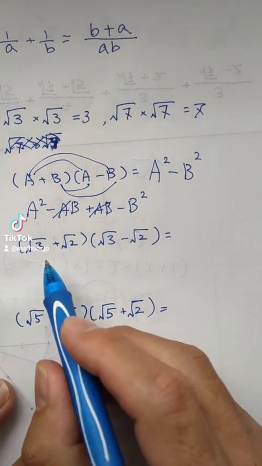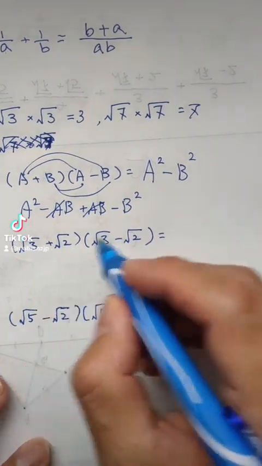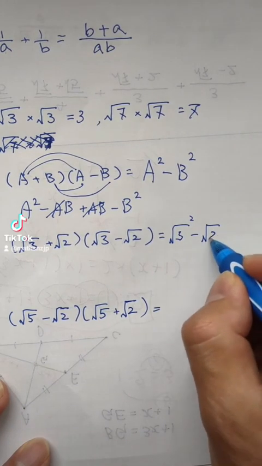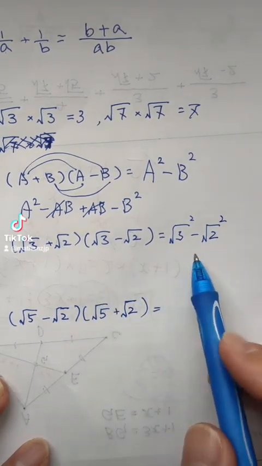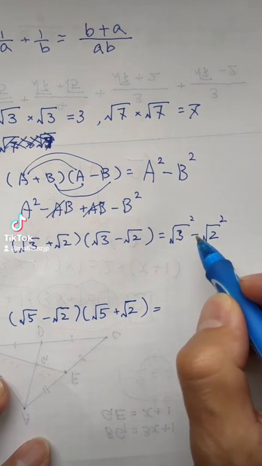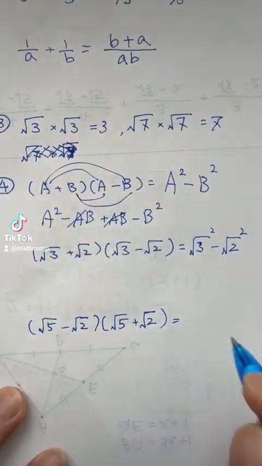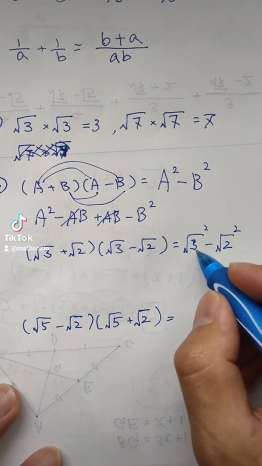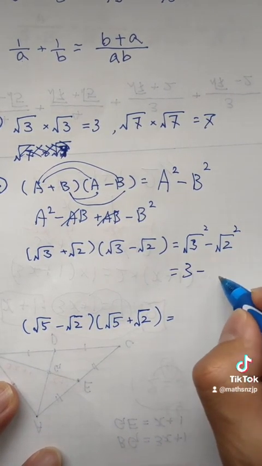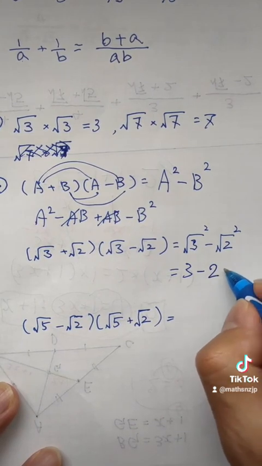So for this one, square root 3 squared minus square root 2 squared is our answer. And then remember, squared means same number times same number, isn't it? Right? So square root 3 squared is 3, and square root 2 squared is 2, so the answer is 1.